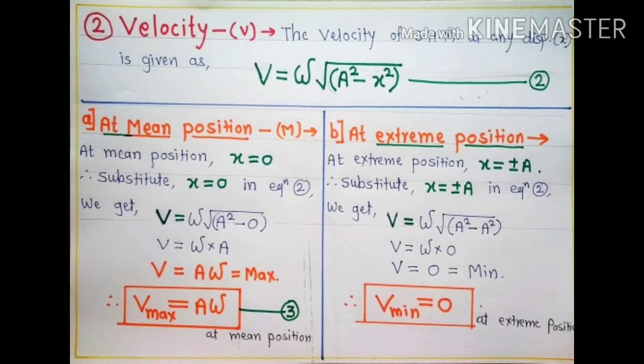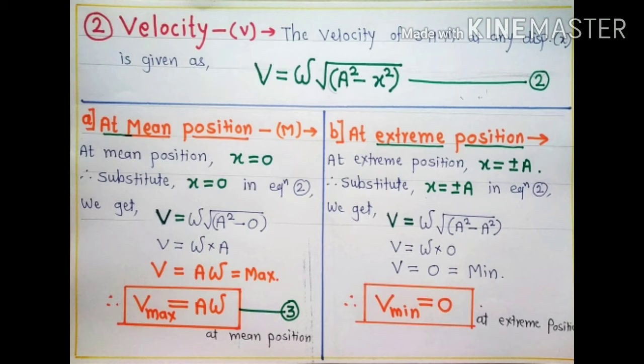That is v is equal to omega into 0. Therefore v is equal to 0, and 0 value means minimum, and therefore v minimum is equal to 0 at extreme position. Velocity of SHM is equal to 0 at extreme position, either left or right extreme position.